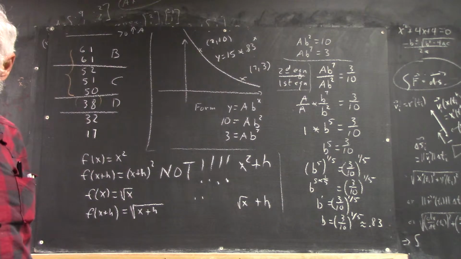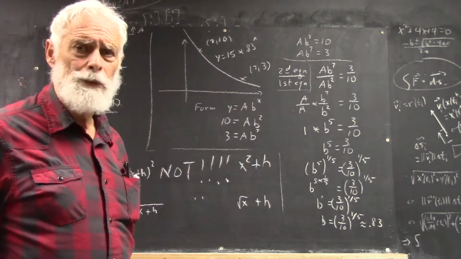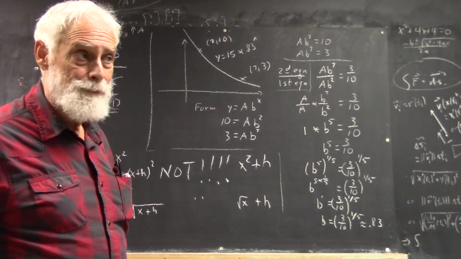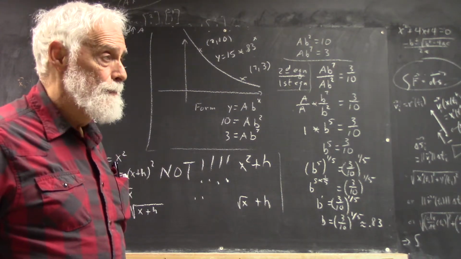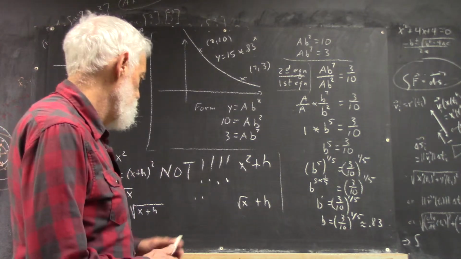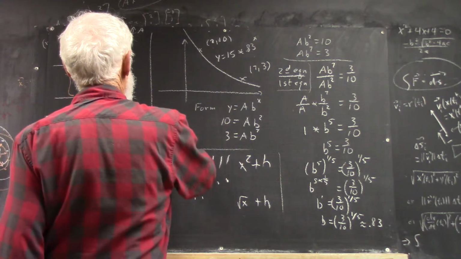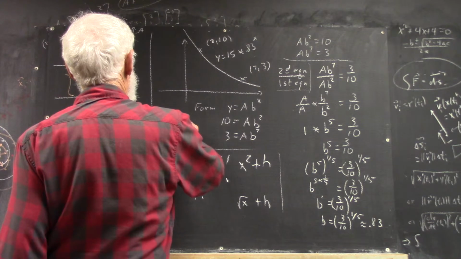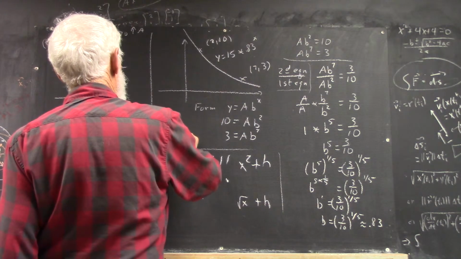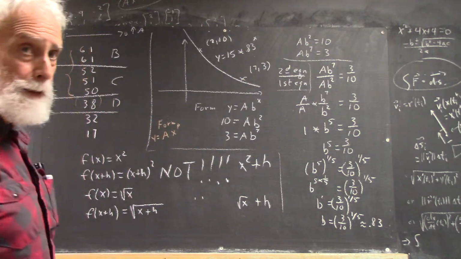Fair enough? Okay, well now, what if this is a power function? Now, if this is a power function, then it has the form y equals a x to the p.